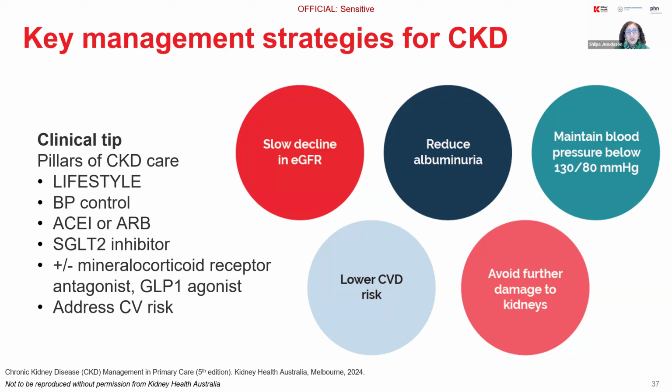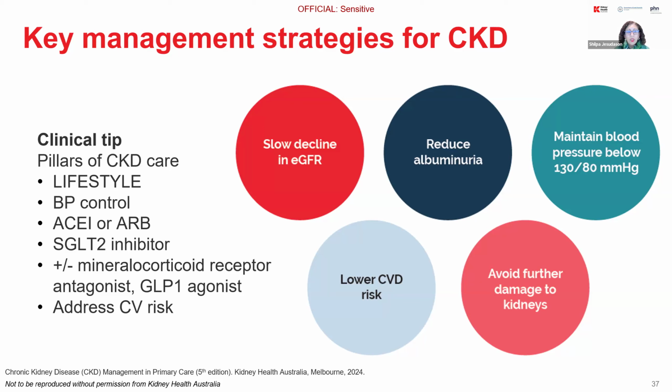An SGLT2 inhibitor, which significantly slows down CKD progression, plus or minus mineralocorticoid receptor antagonist and GLP-1 agonist. The evidence for that is definitely coming through. And then other strategies to address cardiovascular risk, including lipid management and smoking cessation.